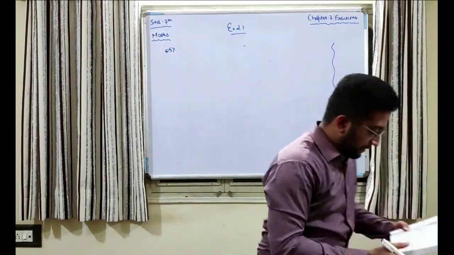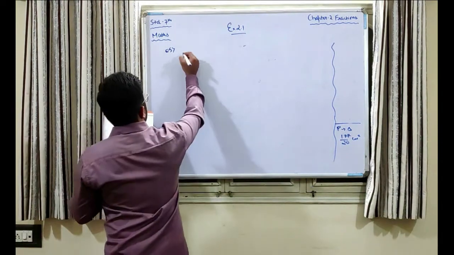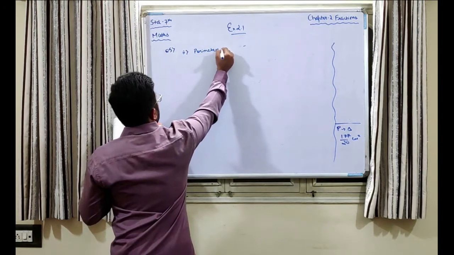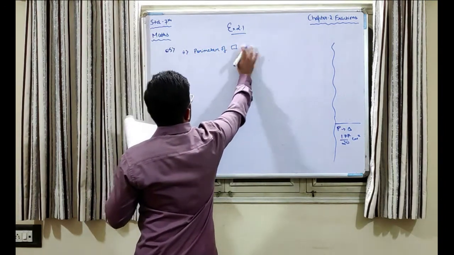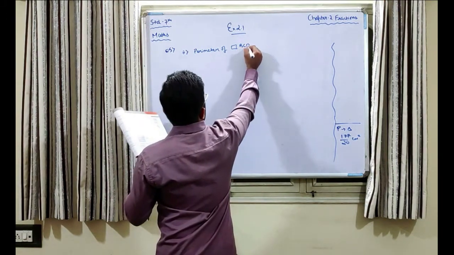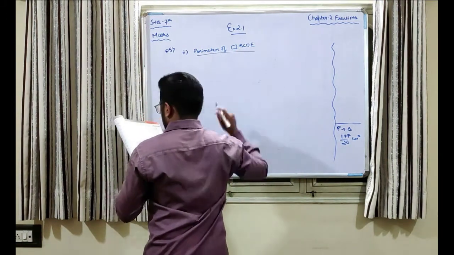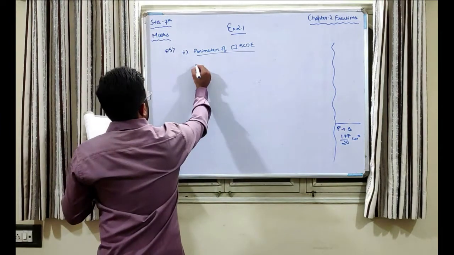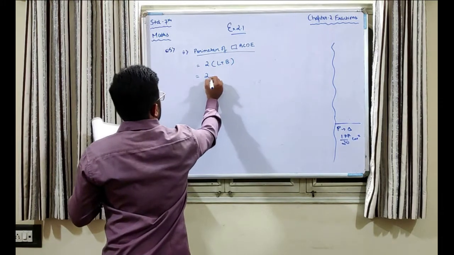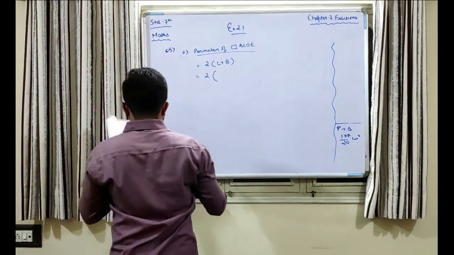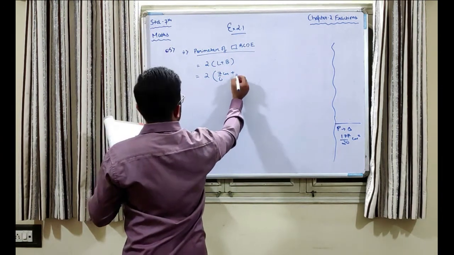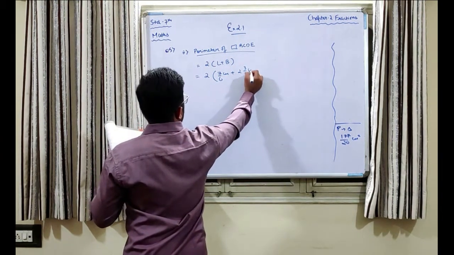So perimeter of rectangle BCDE is 2 into L plus B. Okay, so here our length is 7 by 6 and our breadth is 2 3 by 4.